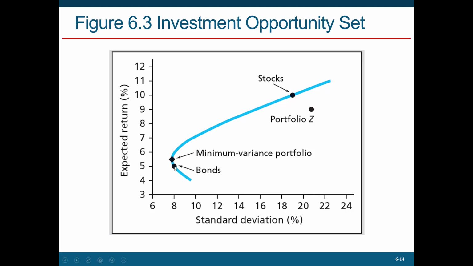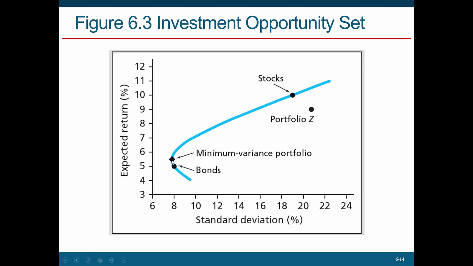So this right here is the 100% bond portfolio. This right here is the 100% stock portfolio, and the other points on this graph correspond to different combinations of stocks and bonds. So this is what the graph looks like.